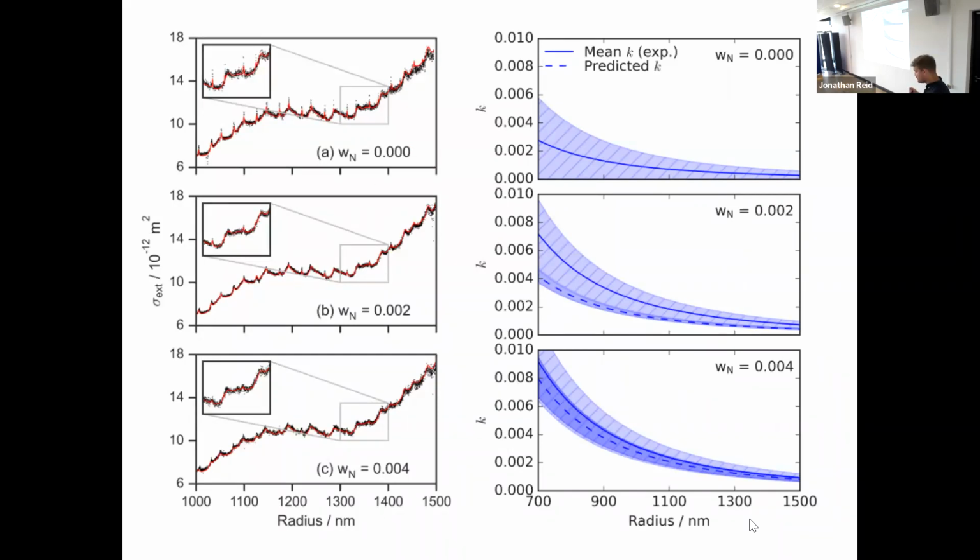So all we've done is input the optical properties of the two pure components, and you know the mass fraction of the particle for a given size, and you can see that our measurements match or agree with the predicted imaginary refractive index, which is really nice.